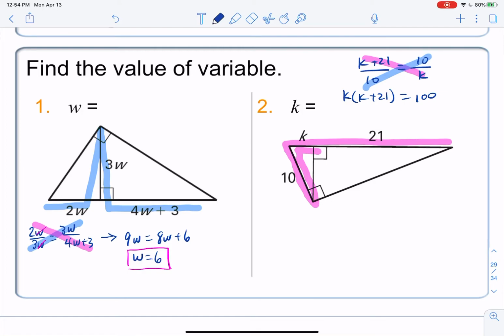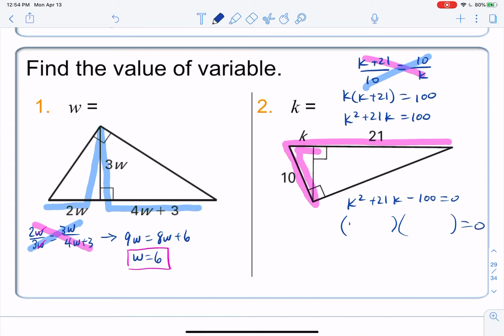Unlike question number 1, this quadratic is unavoidable. So we have to expand out the left-hand side, distribute. I have k squared plus 21k is equal to 100. And the technique for solving a quadratic, of course, is set it equal to 0. So I'll subtract over the 100: k squared plus 21k minus 100 is equal to 0. And then I have to factor this thing.